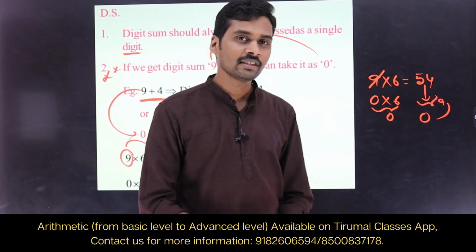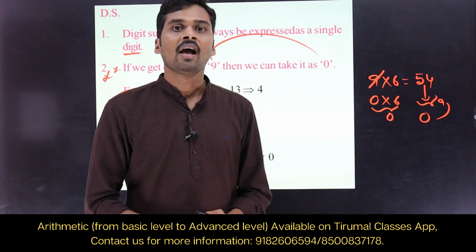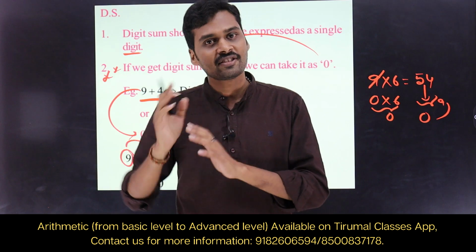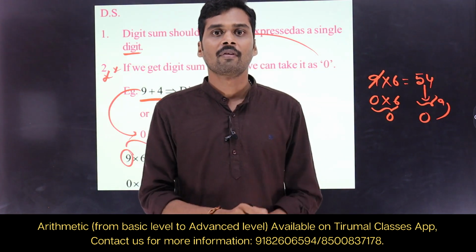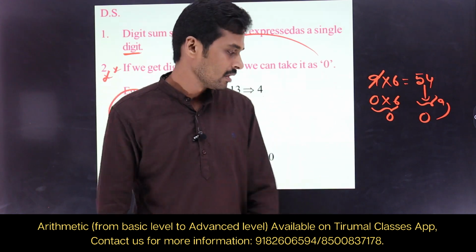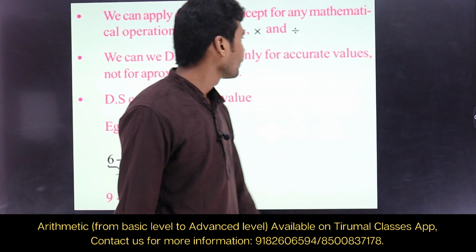Do I get the same resultant values? LHS is equal to RHS, right? So while you are doing problems on digit sum, you can take 9 as 0 or 0 as 9. Okay, in the digit sum concept, 9 and 0 both have the same meaning. So that is the next point we have to remember. Let's go to the next property.